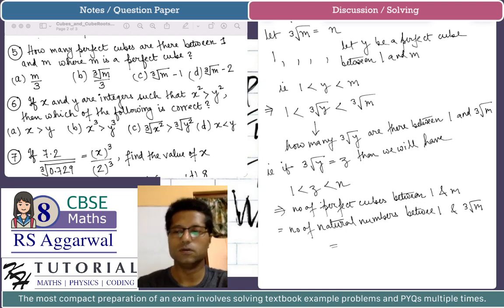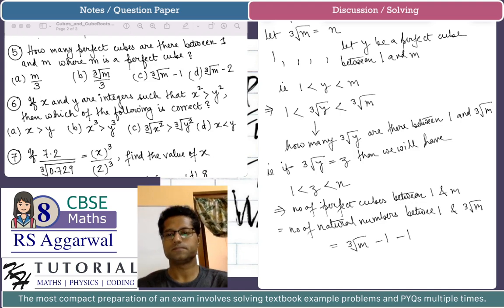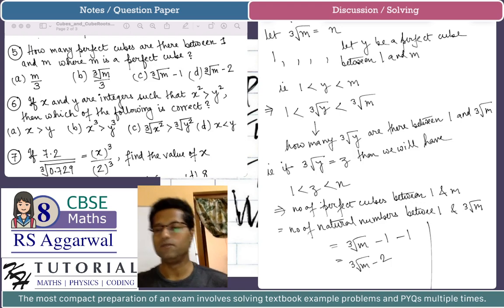This is equal to cube root of m minus 1 minus 1. That is, cube root of m minus 2.